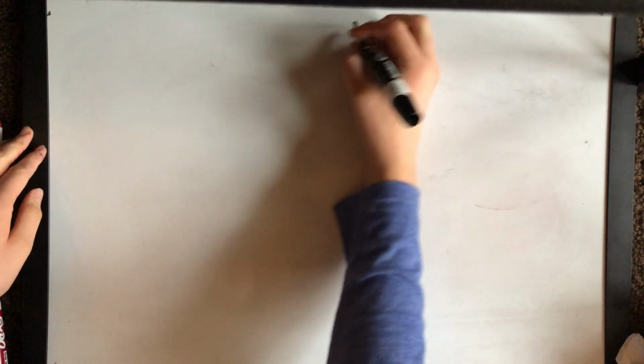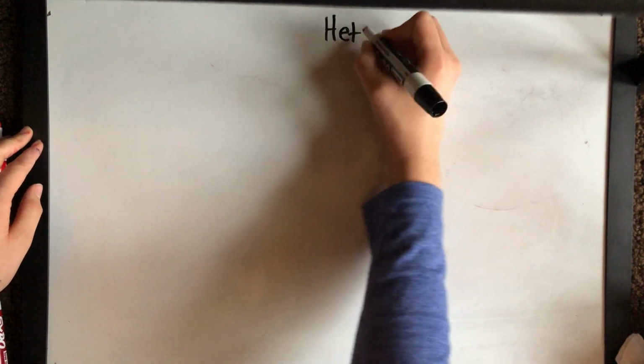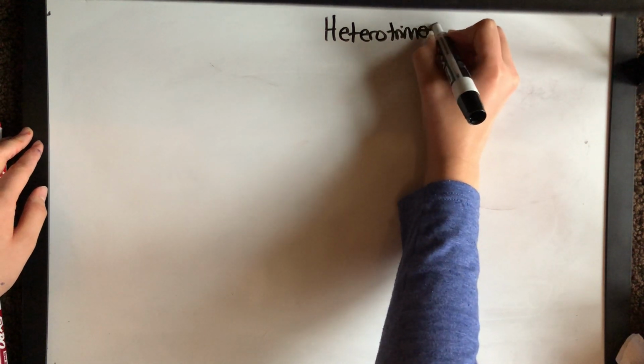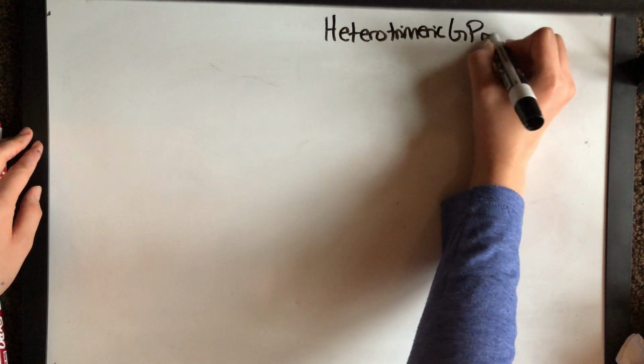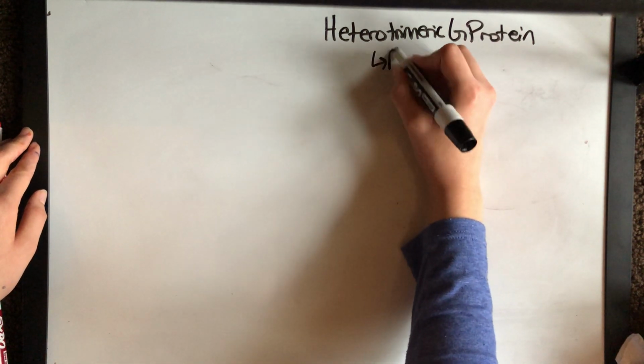Okay, so we're still doing our heterotrimeric G protein, but this is our adenylyl cyclase pathway.